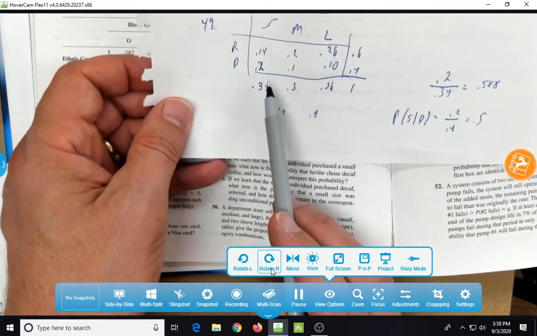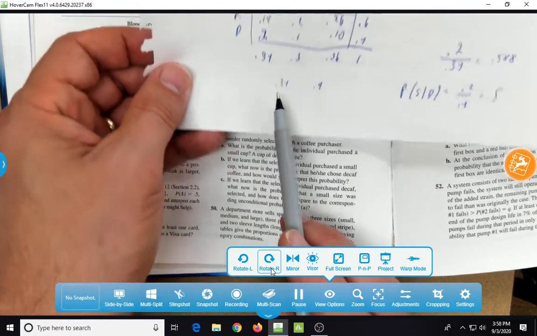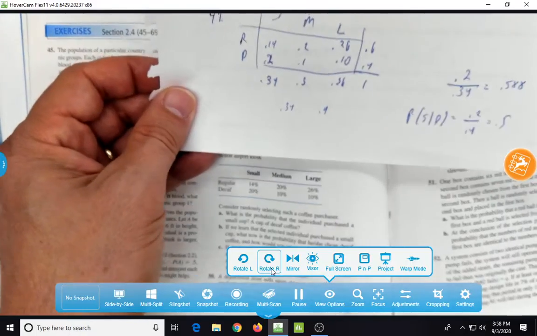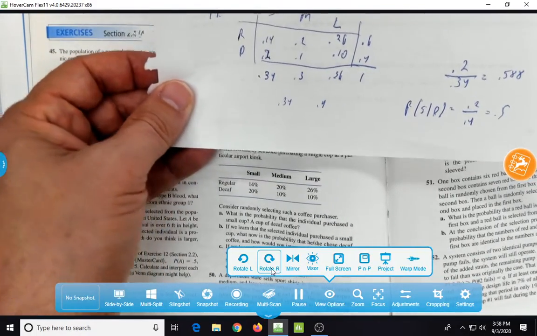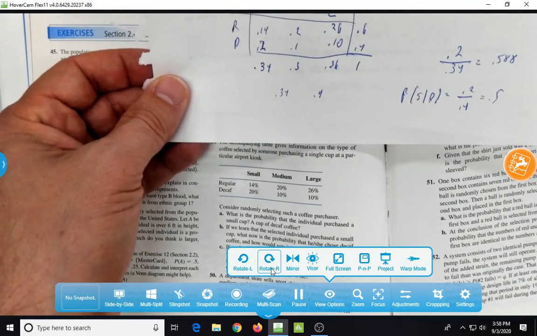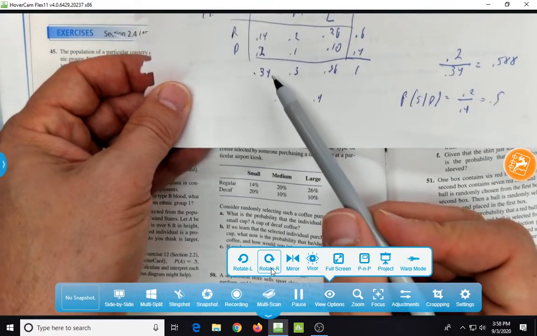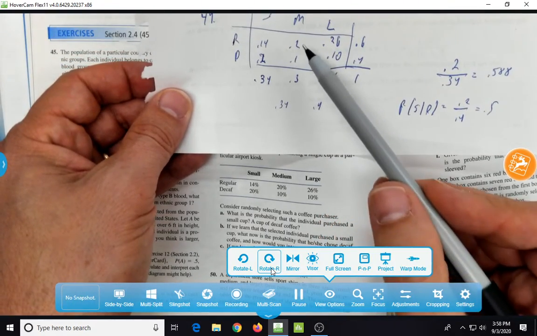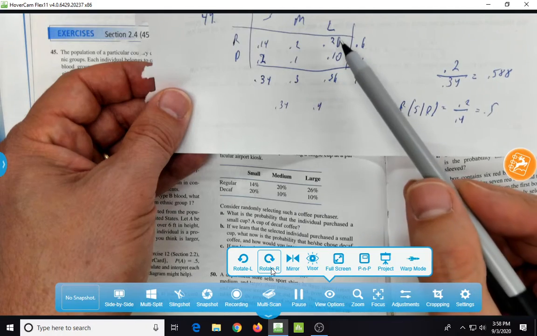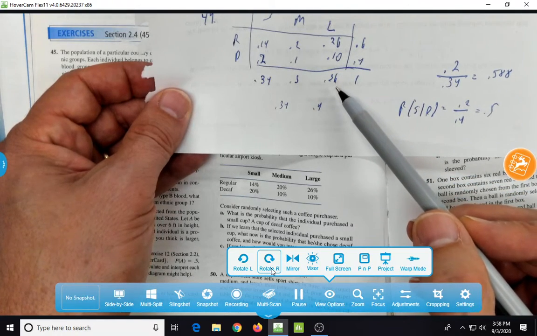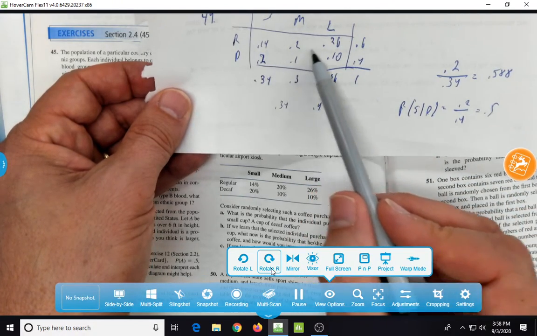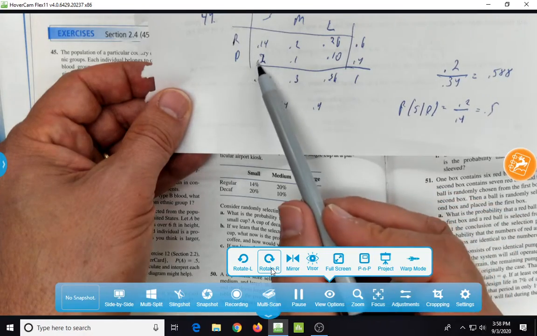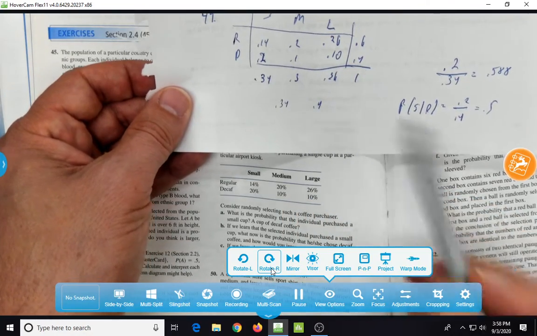So 0.14 plus 0.2 is 0.34, which is the probability that people drink a small coffee. 0.2 plus 0.1, 30% drink medium, and 36% drink large. And if you go across here, this gives you that 60% drink regular, and adding those up, you get 0.4.